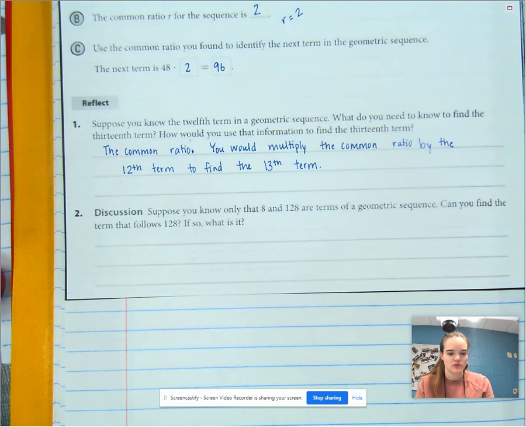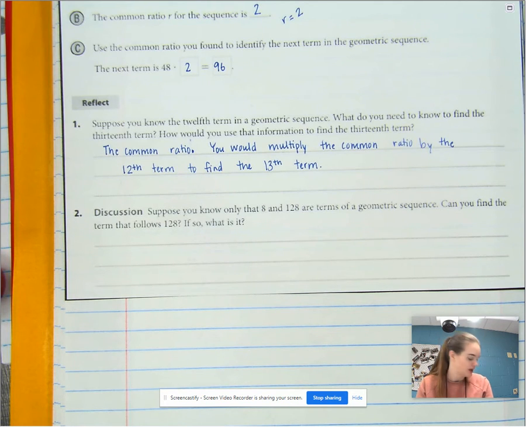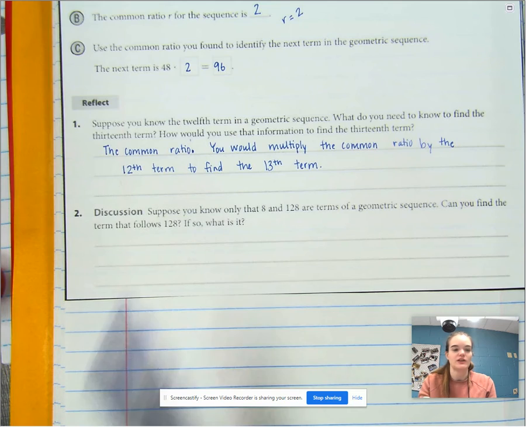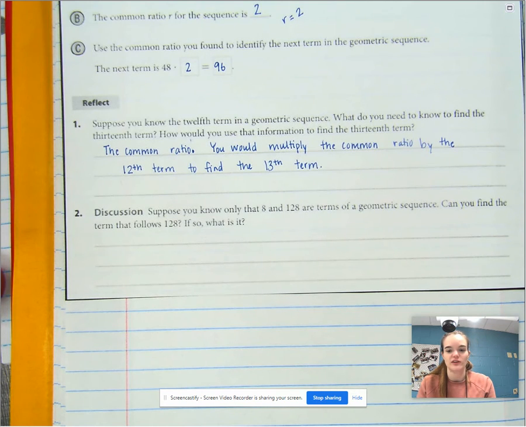Number 2. Suppose you know only that 8 and 128 are terms of a geometric sequence. Can you find the term that follows 128? If so, what is it? Well, the answer is no, and here's why. Up here in the definition of a geometric sequence, it says the ratio of successive terms.